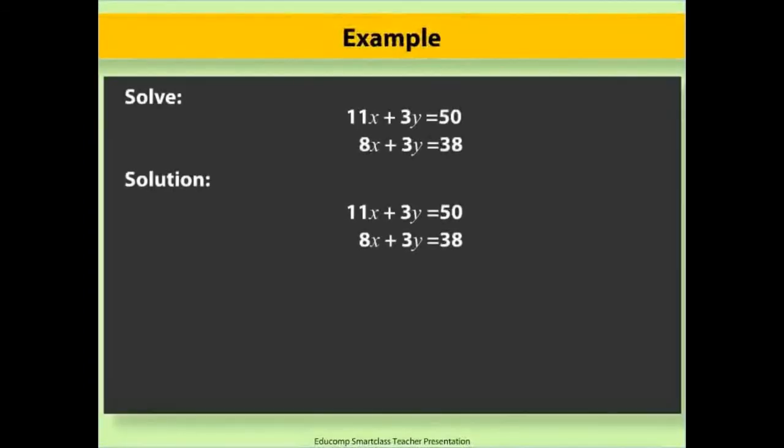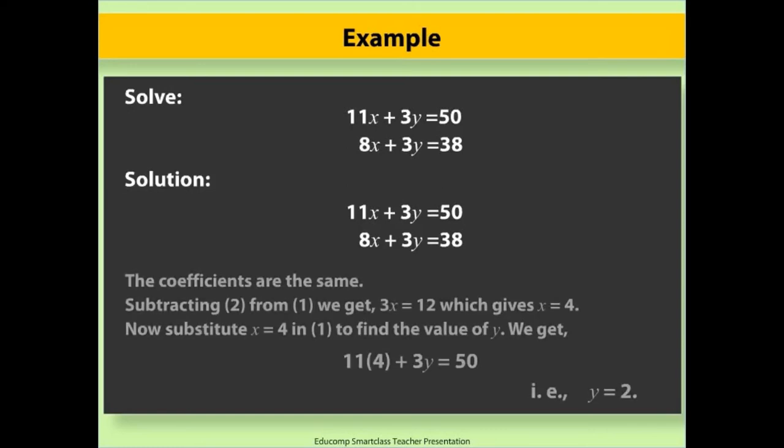Example. Solve 11x plus 3y is equal to 50, 8x plus 3y is equal to 38. Solution: 11x plus 3y is equal to 50, equation 1. 8x plus 3y is equal to 38, equation 2. The coefficients of y are the same.